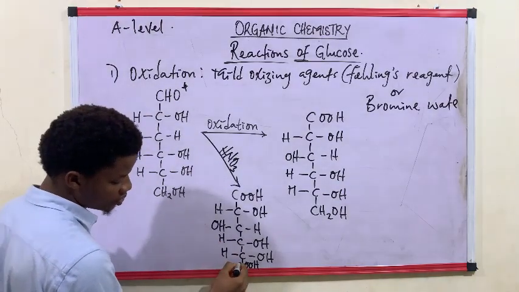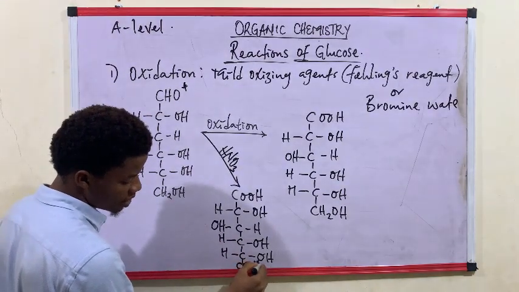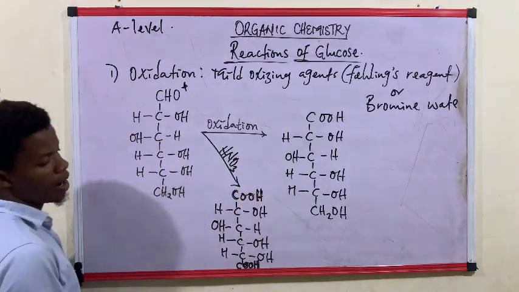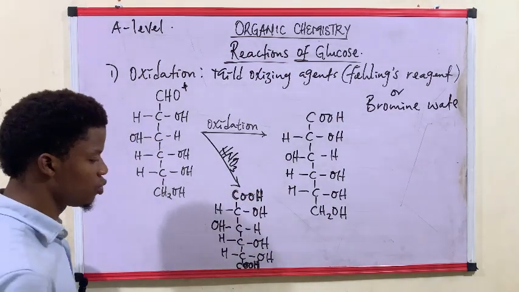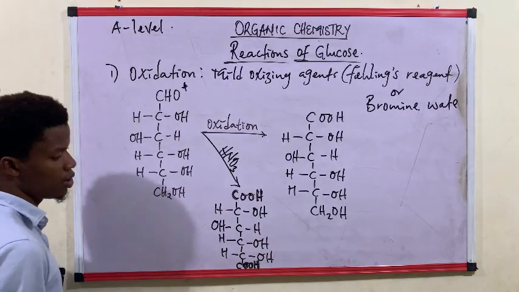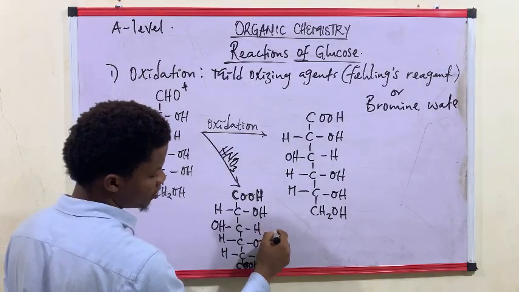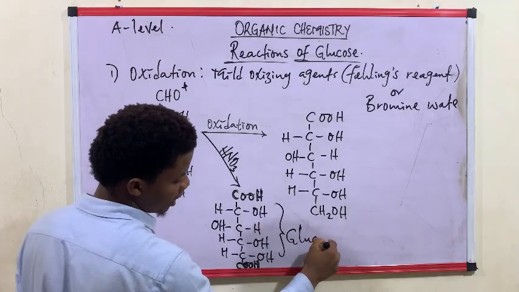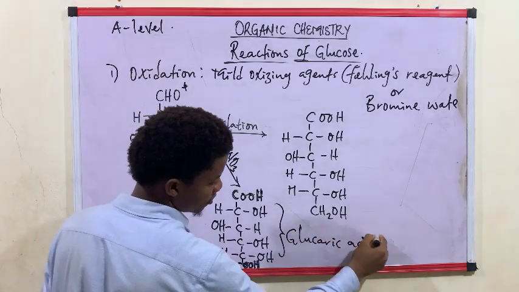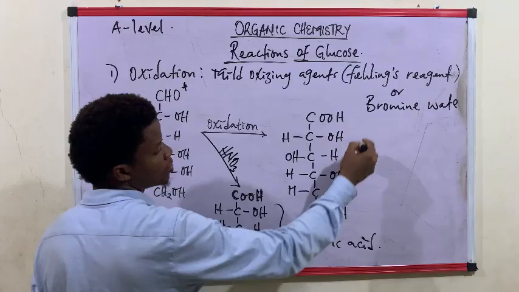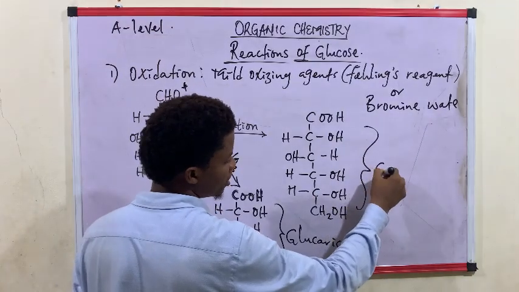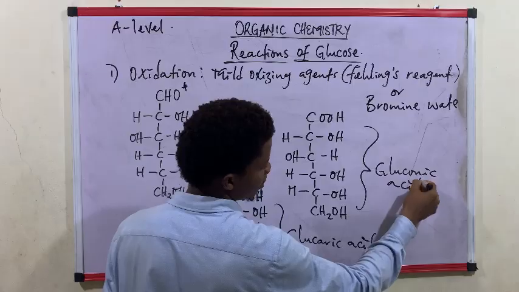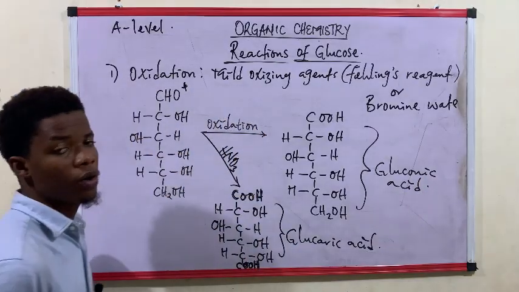So you have COOH at this point, and you also have COOH at this point. So you have two carboxylic groups, all right? So this particular one is called glucaric acid. Then this other one is called gluconic acid. All right, so this is what we have.